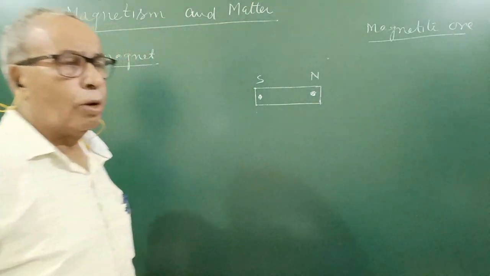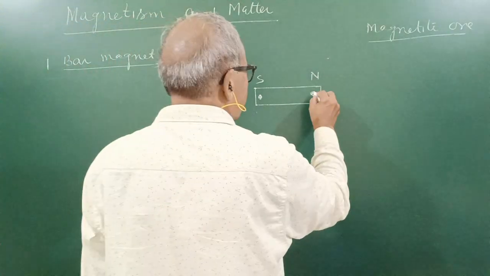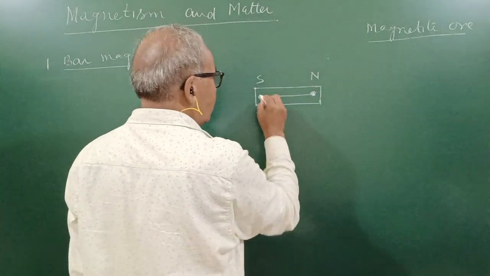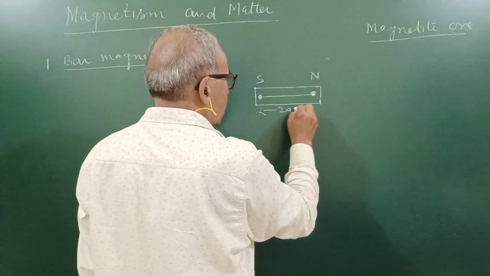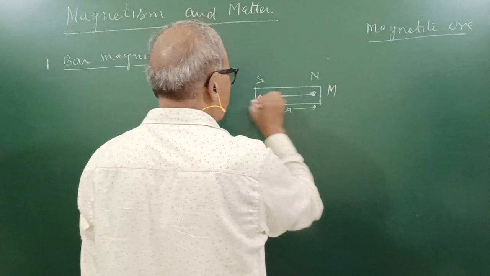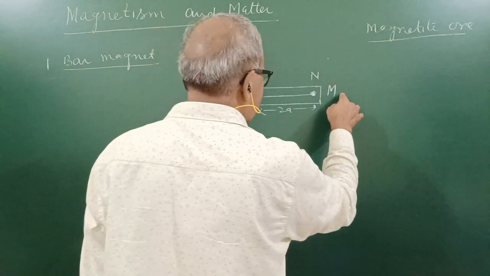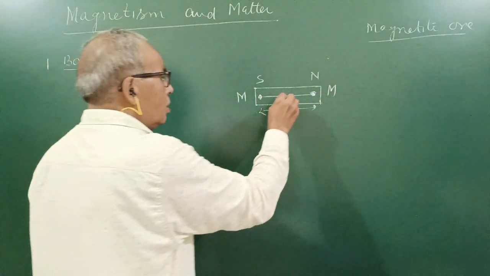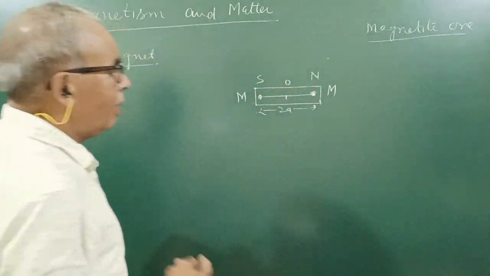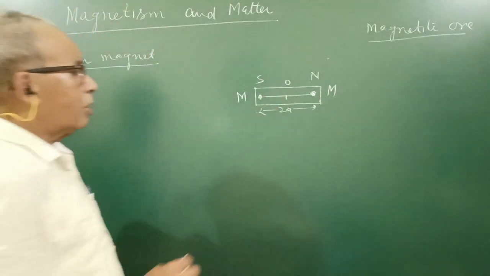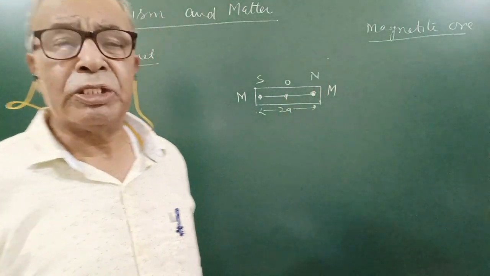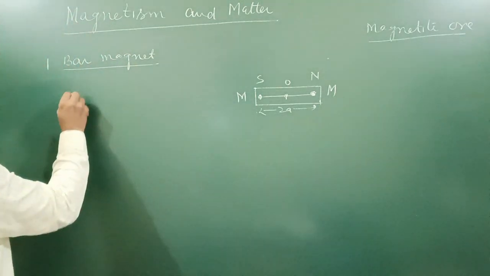In our terminology, these poles are found to be a little inside, and the distance between them is marked as 2a. The pole strength here we can represent by capital M. Here we don't write plus M, minus M. This is center O. Now I will explain why this magnet is there. But remember that magnetic strength is concentrated at poles.